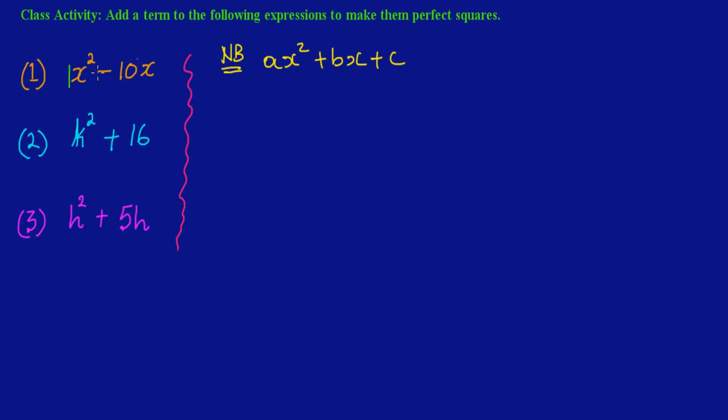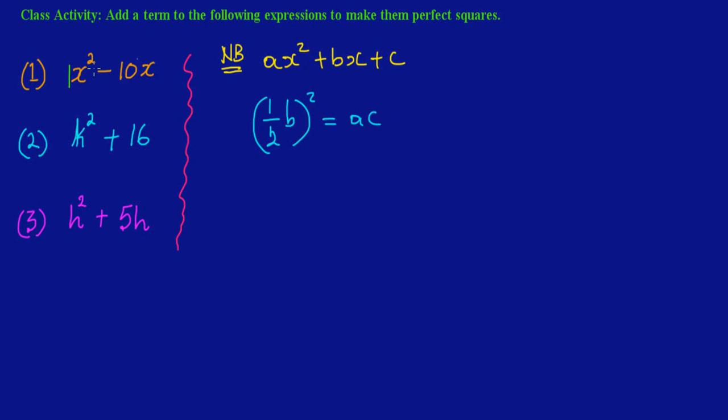Since we want to turn this into a perfect square, we are going to use the method that we have been using thus far, which is (a half of b) all squared must be equal to a times c.